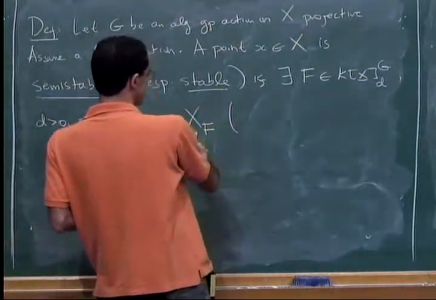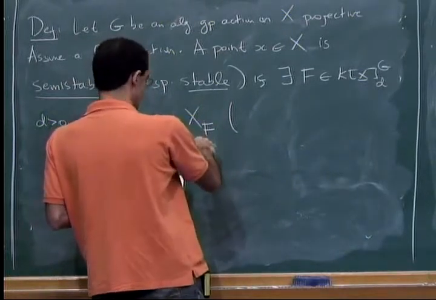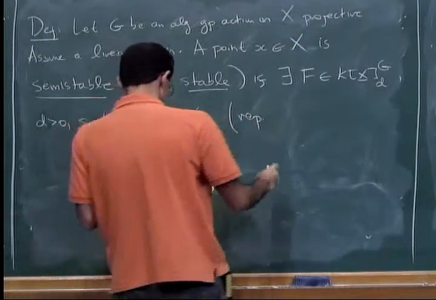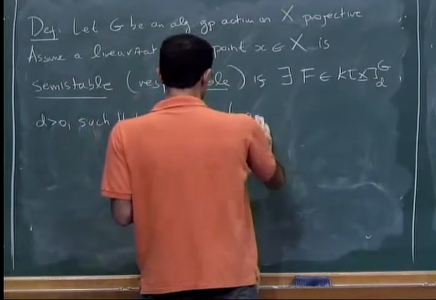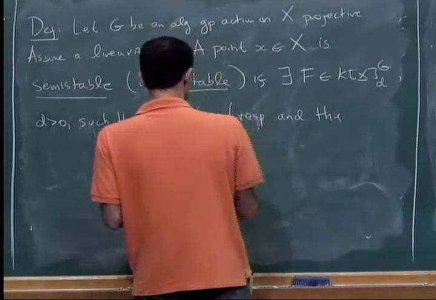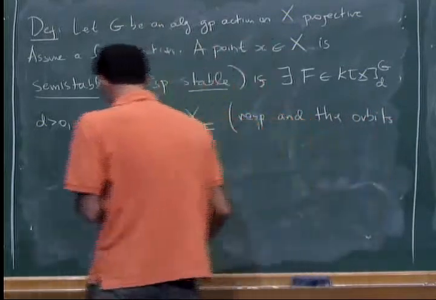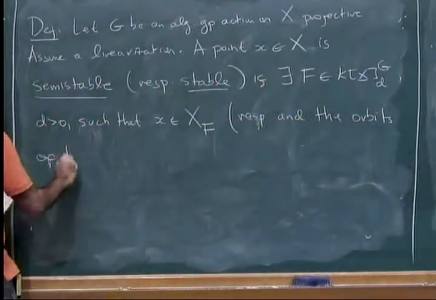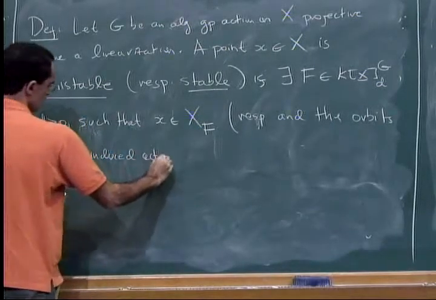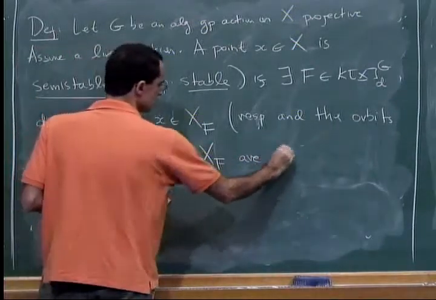Of course, since f is invariant, this is an invariant open subset of X. And for stability, I require, respectively, this, but also that this f is such that the orbits of the induced action on X_f are closed.